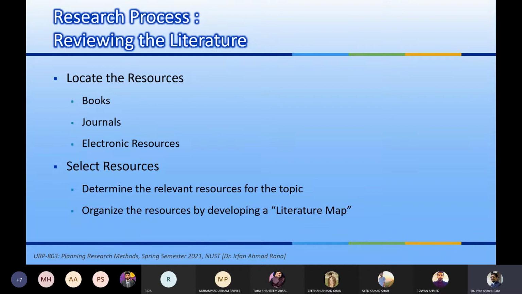Then I would suggest organizing your resources. Once you download so many papers, you don't know how to handle them, how to analyze them, or how to summarize them together. Many students are very good at reviewing only one paper, but synthesizing the literature into one paragraph, when you have read 20 papers on one topic, how are you going to relate those papers all together in one paragraph?